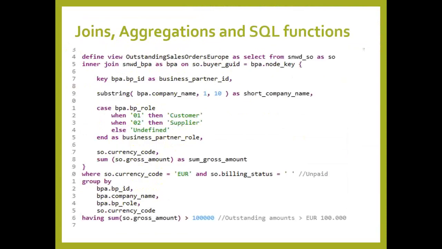Here we can use joins, aggregations, arithmetic operations, and control structures. Everything is possible here: substring, concat, case, sum. You have to remember it is almost similar to OpenSQL. Whatever concepts you learned in OpenSQL, which is written in SE38, similar code we can write in CDS also.